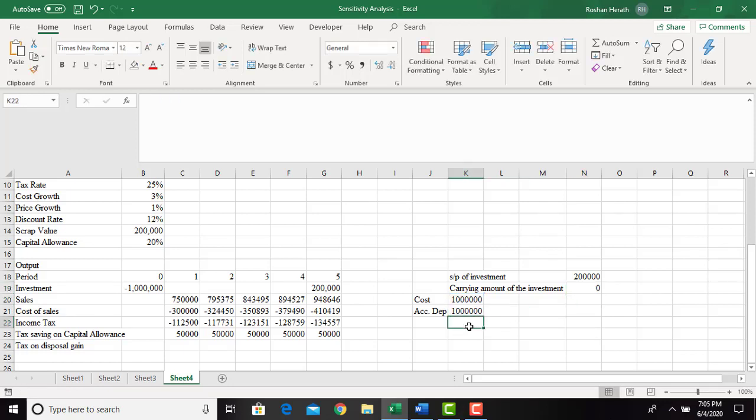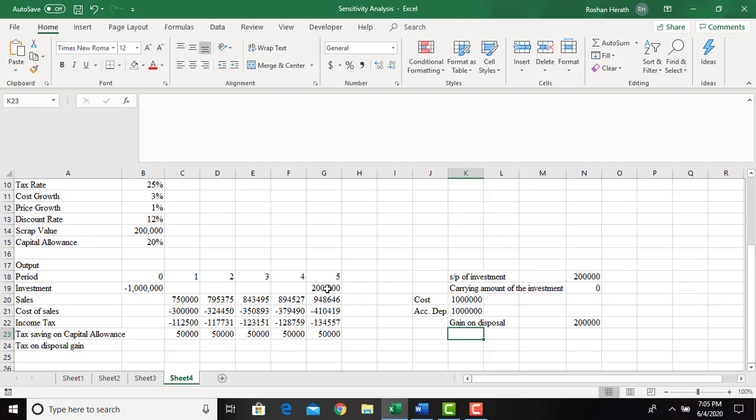So you can see there is a gain on disposal. The entire thing is a gain on disposal. That's going to be 200,000 minus 0, and first you must get the gain, and then you can work out the tax on disposal gain.